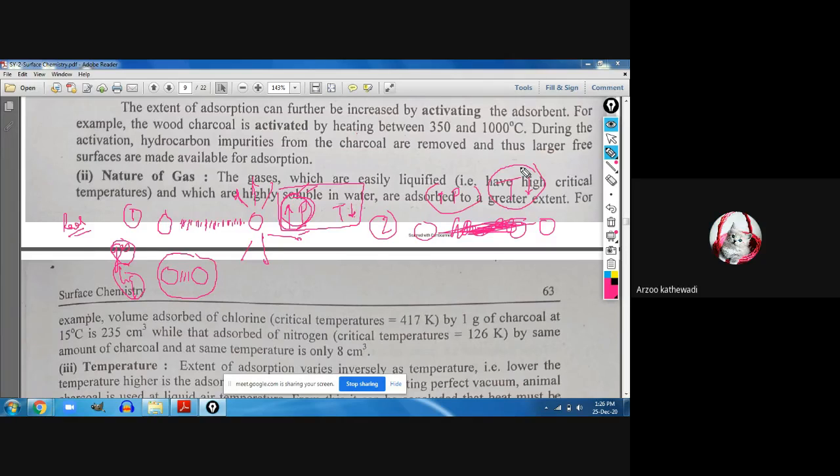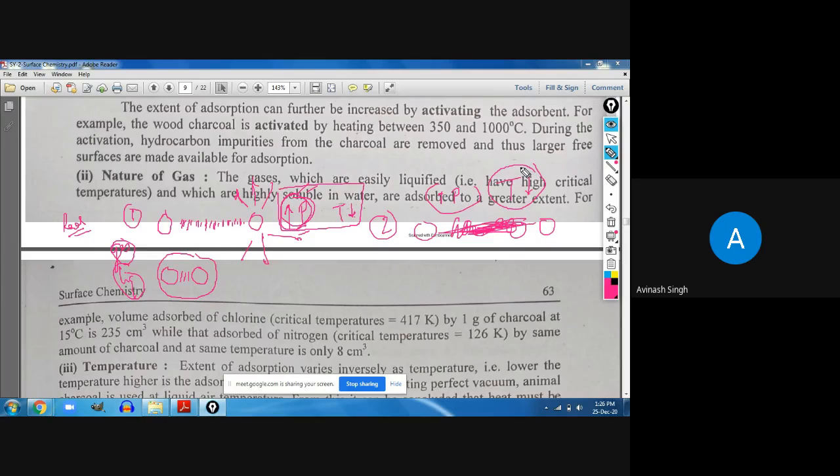More real. Okay. And what is a real gas? Molecules that are capable of forming interactions between the molecules.